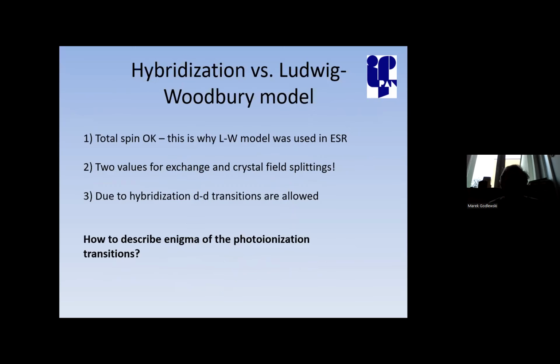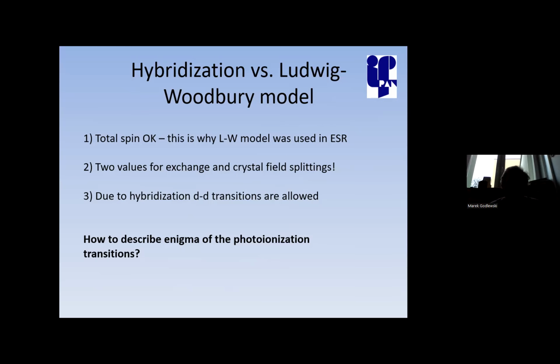So, okay, total spin is okay. And this is in line with what was used for many years, based on the Ludwig-Woodbury model. I still remember the works of our late colleague Sławomir Biernacki, who was using this idea, two values for exchange and two values for crystal field splitting, which are well explained by the model I showed.